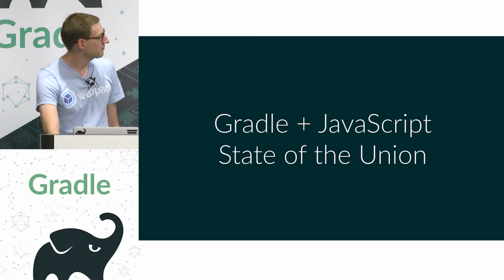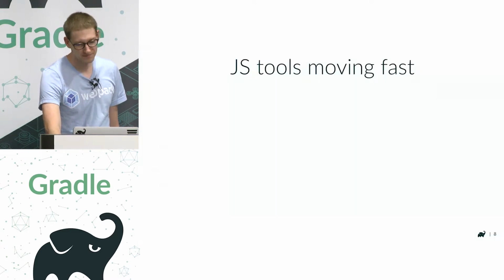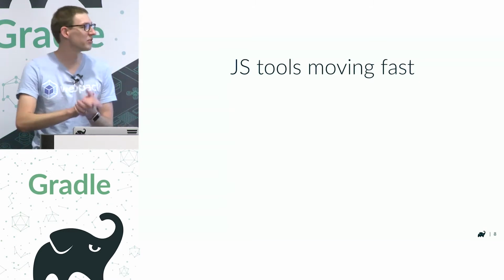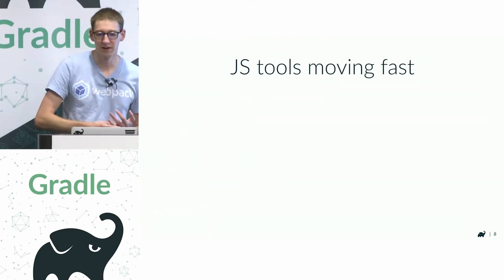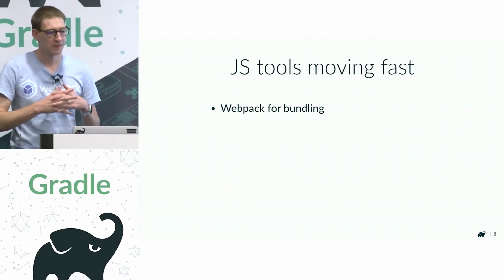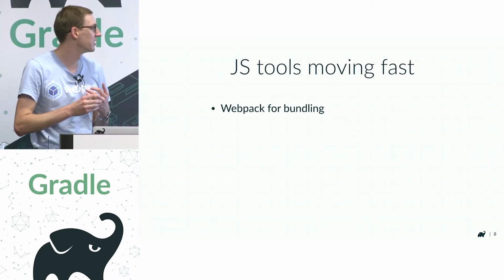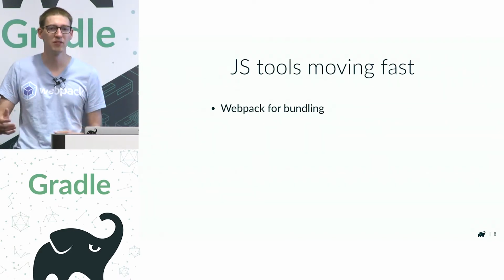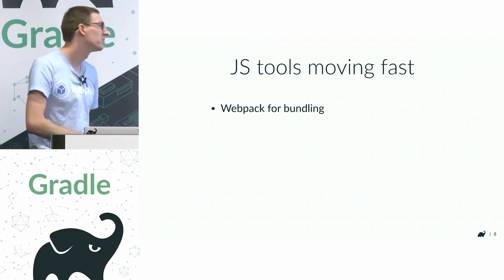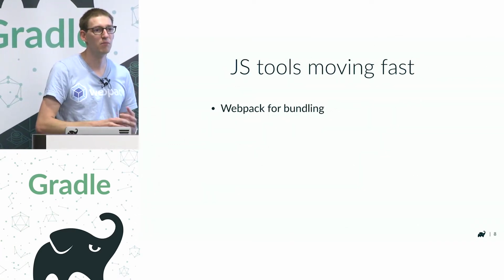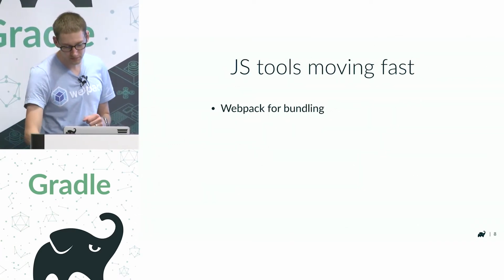So, where are we today? The JavaScript ecosystem is, of course, moving very fast. Just in the last year, Webpack has emerged, I think, as a clear winner for bundling not just JavaScript, but CSS, transpiling TypeScript, and all sorts of other stuff into separate bundles so they can be distributed.